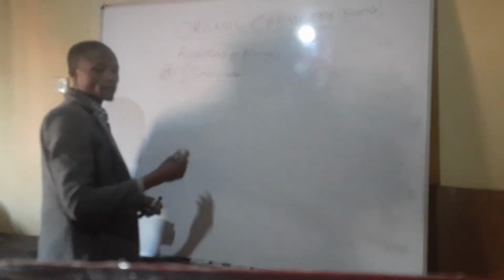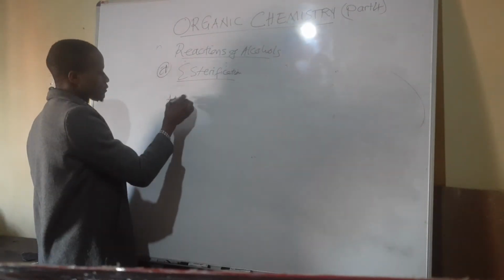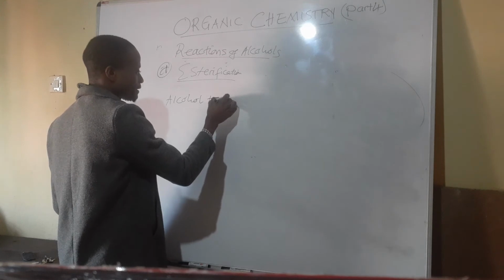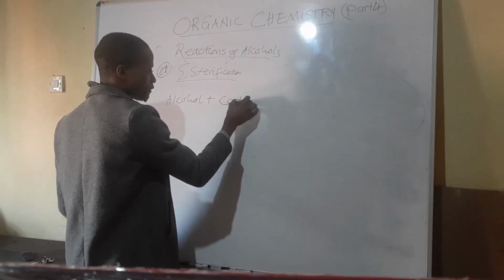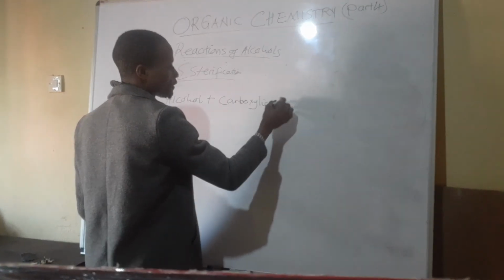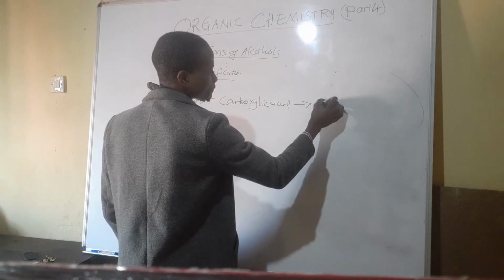When you say esterification, we'll be reacting an alcohol plus an acid, which is a carboxylic acid, and then you are going to produce an ester.